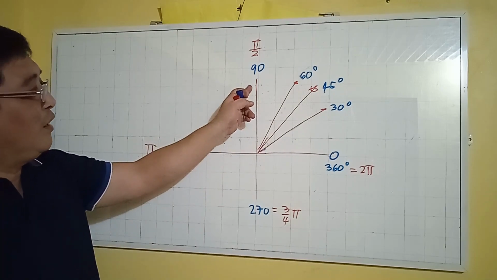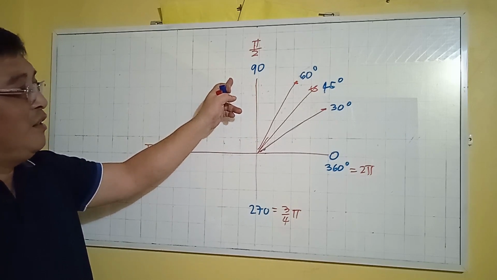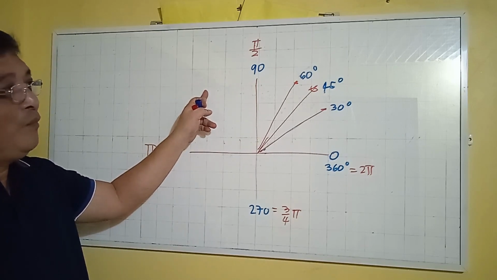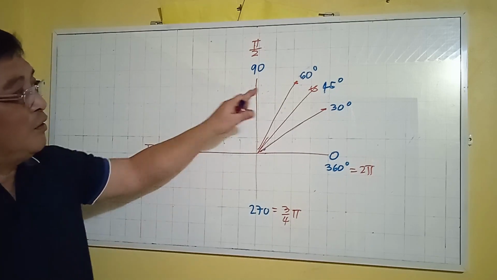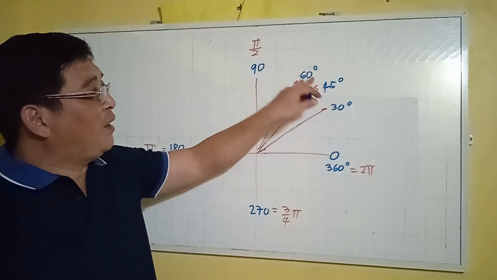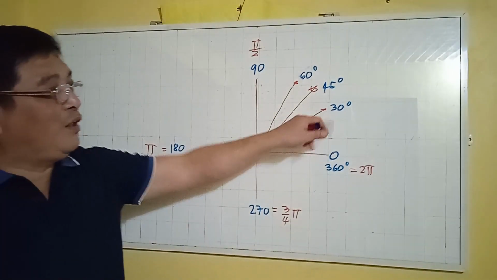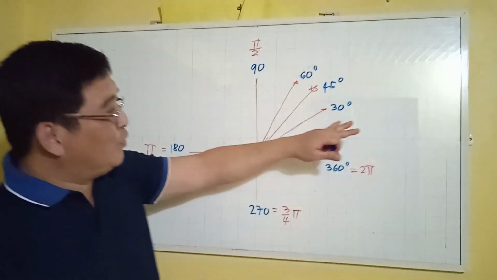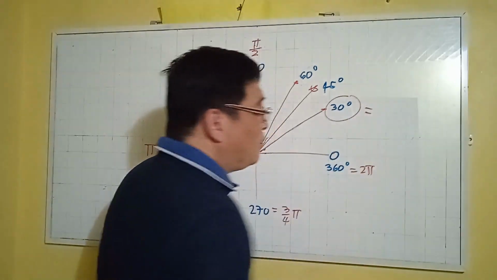Dito naman magdadagdag ka na ng 30, you have 120 degrees, 135 degrees, 150 degrees, and then 180 degrees. So, pareho lang ng concept kung paano mo hahanapin yung 30, 45, and 60 degrees dito sa different quadrants. Now, kunin natin muna yung 30 degrees. Ano ba yung paraan para hanapin yung 30 degrees in terms of radian?